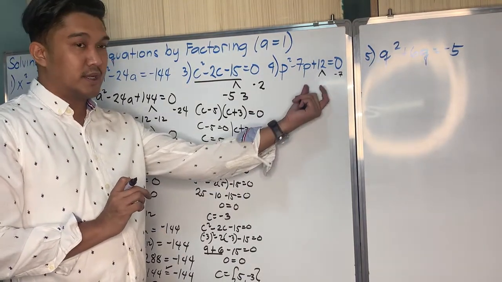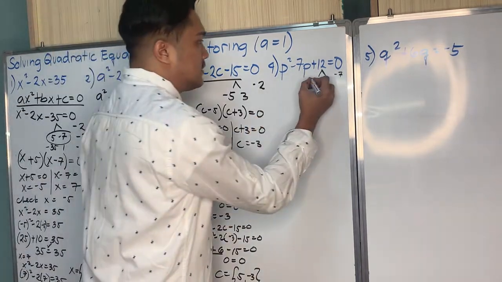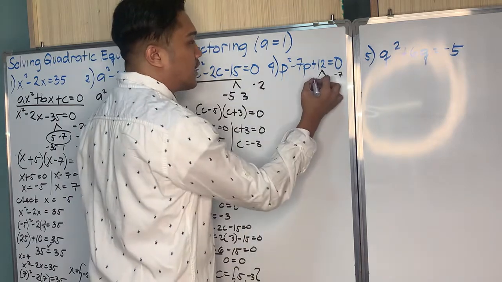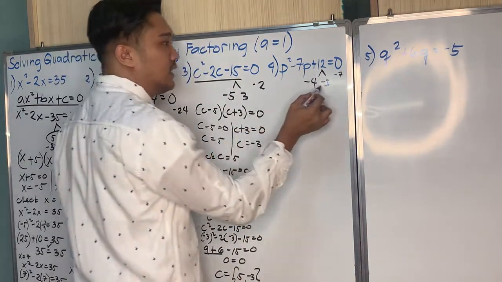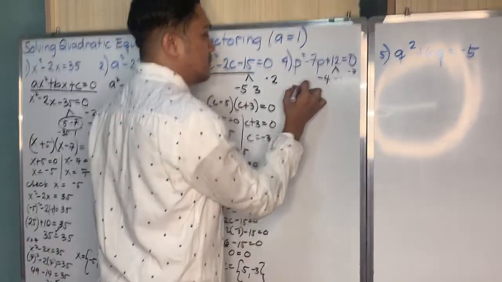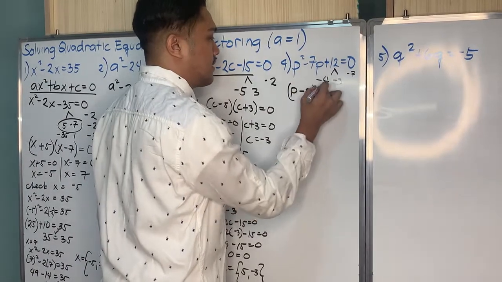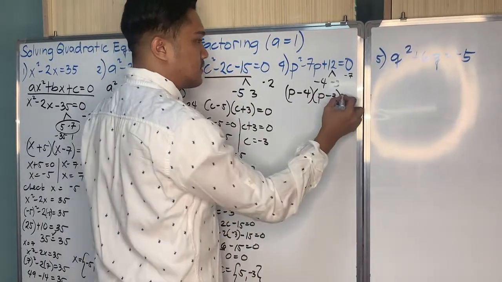Ibig sabihin, pareho sila ng sign at ang sum nila ay negative, parehong negative. So, pwedeng 4 at saka 3, parehong negative. Ibig sabihin, ang sum niya ay negative 7. Yun ang factors. P minus 4, P minus 3 is equal to 0.